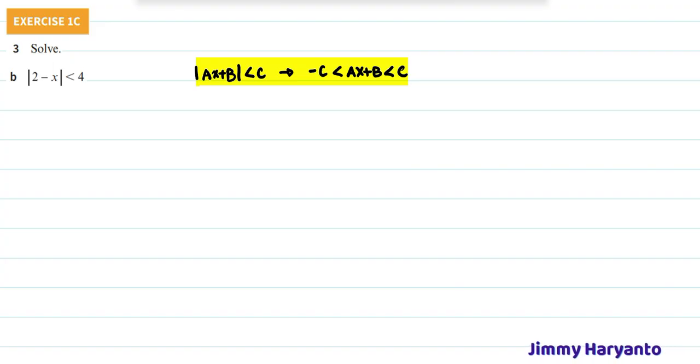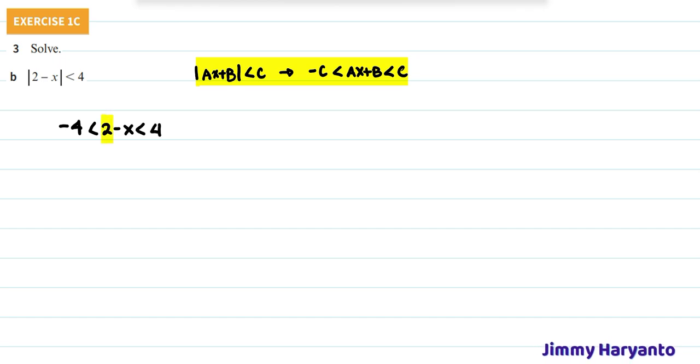Okay, next we'll go to question 3b. For this one, it's an inequality less than a constant. That means you have to use the formula, or maybe if you don't remember the formula, you can square both sides. For the first, it will be -4 less than 2 minus x less than 4.